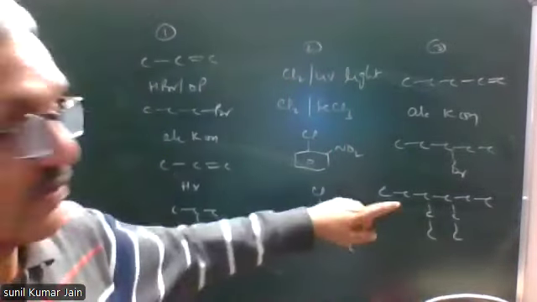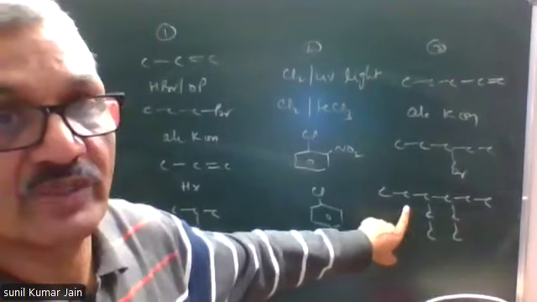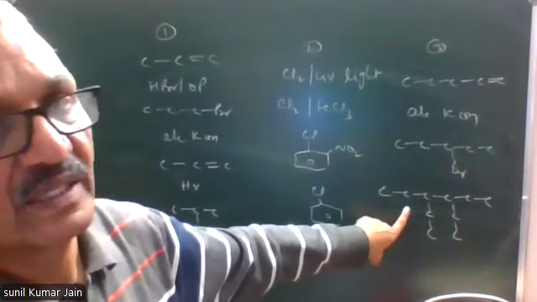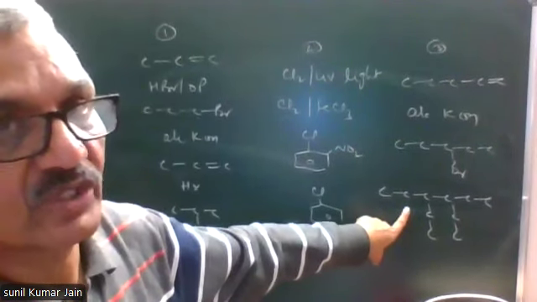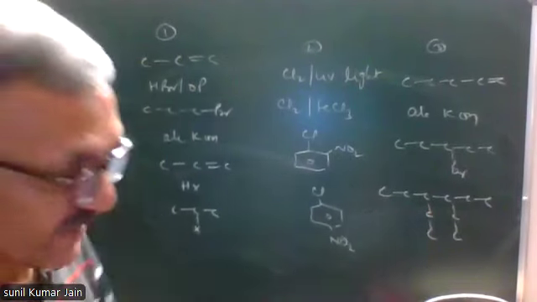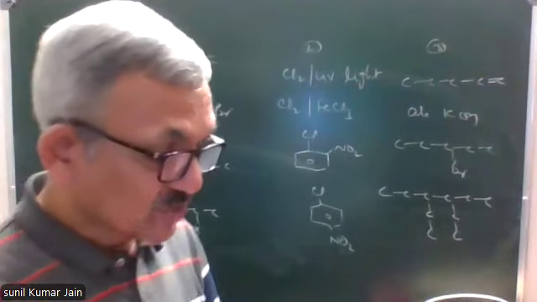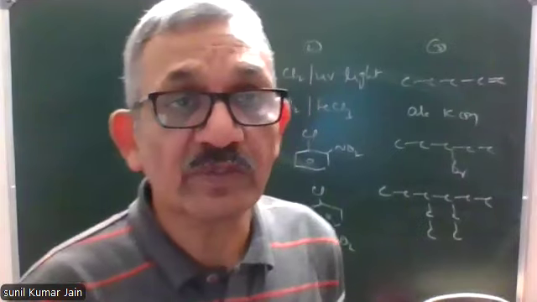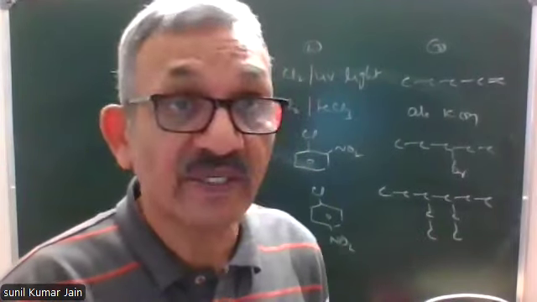This is the final product of Wurtz reaction. This is 3,4-diethylhexane. 3,4-diethylhexane is the final product. Explain why. All the three parts, all the three questions in this category you'll find in your notes.